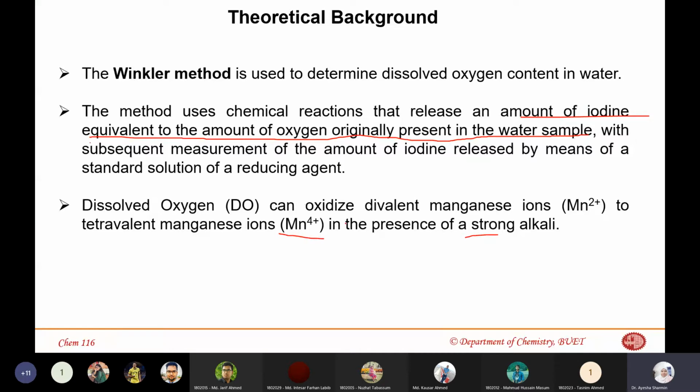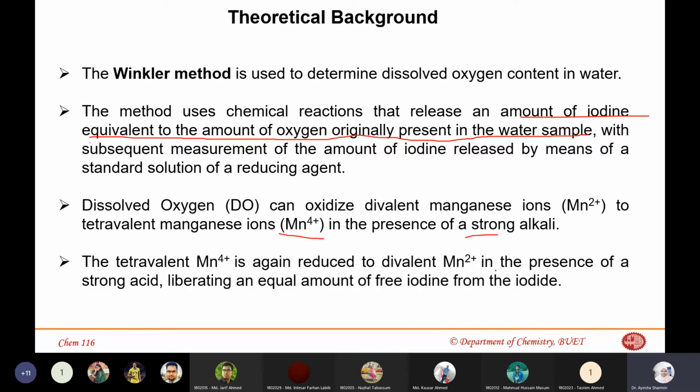Initially we want to convert the manganese to Mn4+ with the dissolved oxygen, which will then interact with the iodide. The tetravalent manganese is again reduced to divalent Mn2+ in the presence of a strong acid. And that's what you always see, like if you have manganese 7+ permanganate, it's going to be Mn2+, just one product if you have strong acid in the presence of potassium iodide.